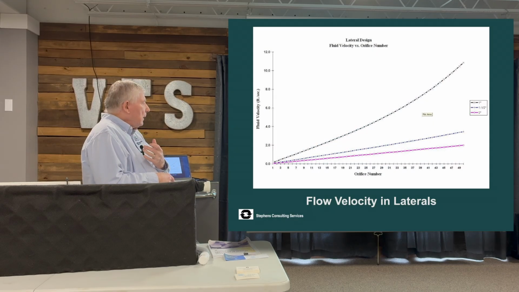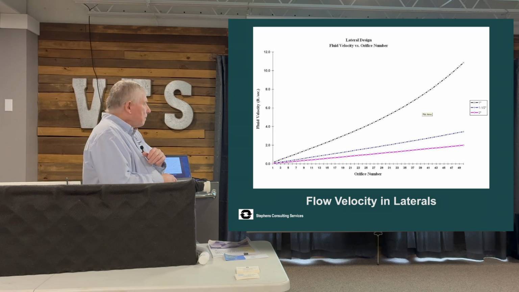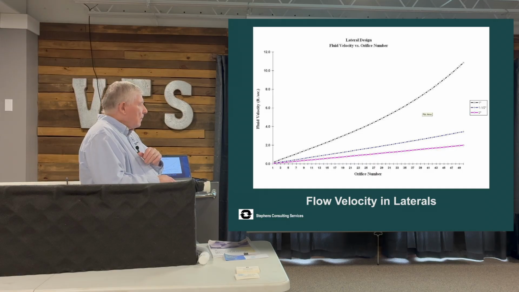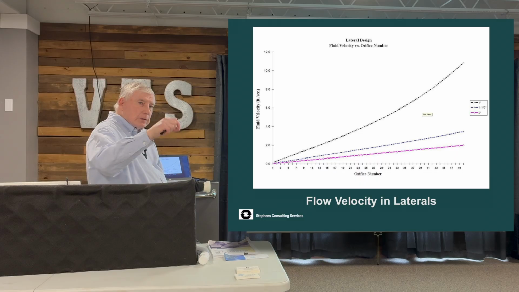Keep this in mind: this is 0 and that's 2 feet per second fluid velocity inside the pipe. If you map the flow coming up for 50 orifices in any pipe, if this is a 1-inch pipe, the velocity is going to be higher in the pipe, but the head loss is going to be much higher. So you get less orifices in a smaller pipe.